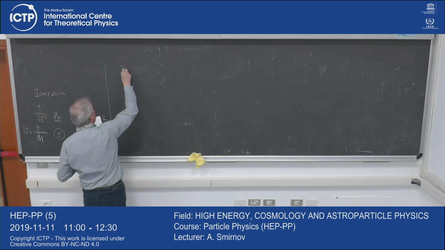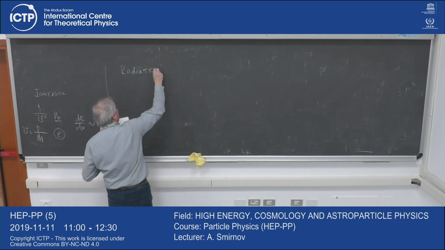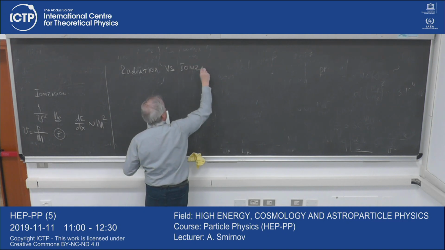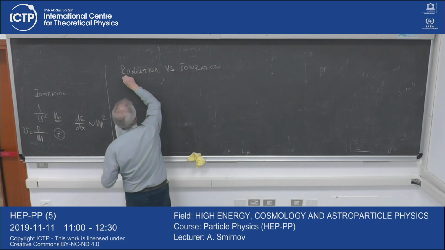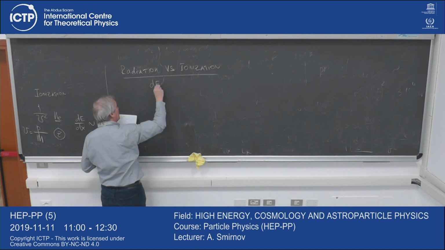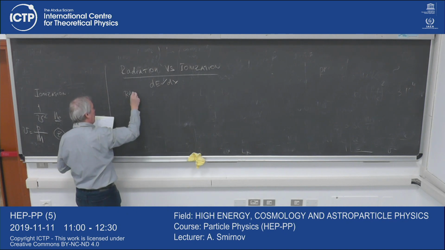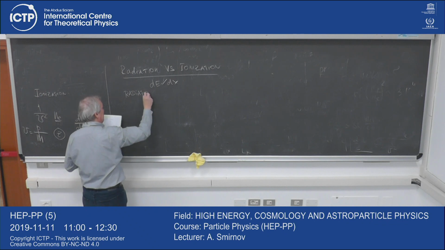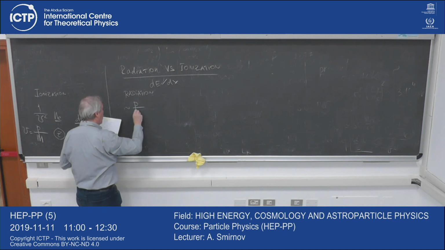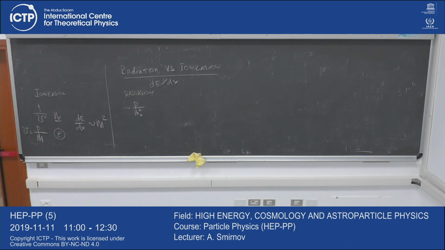So let me compare radiation and ionization. I will compare dE over dx. In the case of radiation, we have the dependence p over mx squared, where x is our particle which loses the energy.